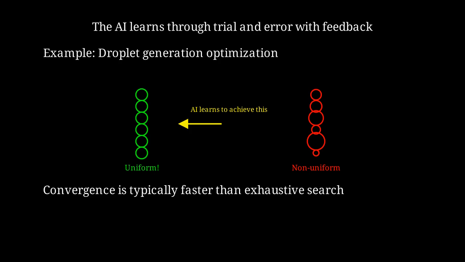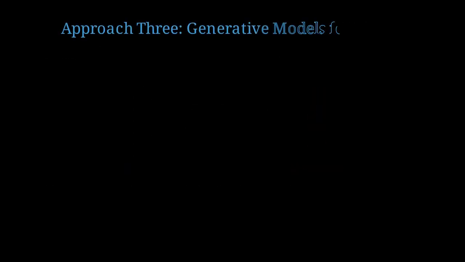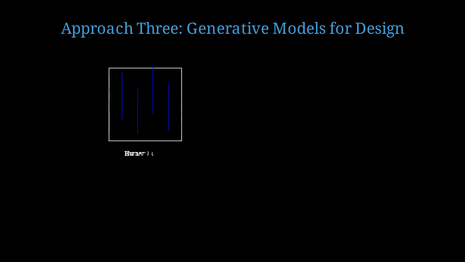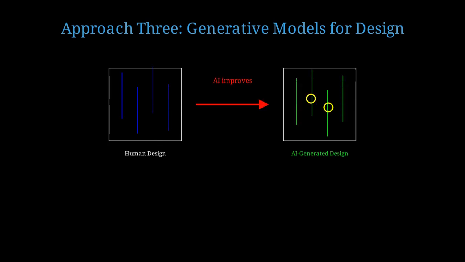The third approach uses generative models to design entirely new microfluidic devices. These AI systems can propose novel channel geometries and device architectures that human designers might never consider. Generative adversarial networks, or GANs, and variational autoencoders can generate new microfluidic designs.